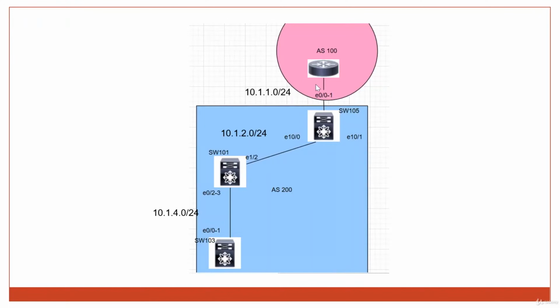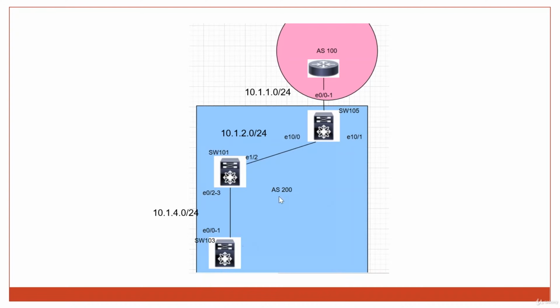we have the eBGP relationship and the IBGP relationship. Now, with this type of topology, you still want switch 103 and 105, although they are not directly connected but indirectly connected, to form the neighbor relationship. Only in that case do they have the full mesh, correct?